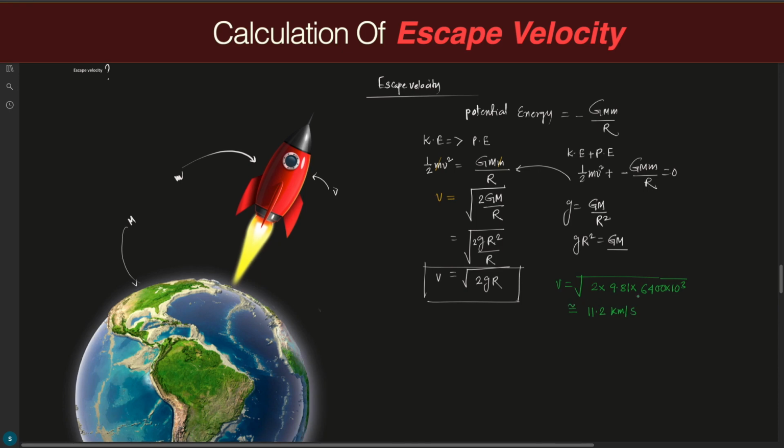Understand this point: 11.2 kilometer per second means this rocket has to move 11.2 kilometer in 1 second. If it launches from some place over the earth, it has to move 11.2 kilometer in 1 second, and then only can it go anywhere in space, breaking the earth's gravitational field.